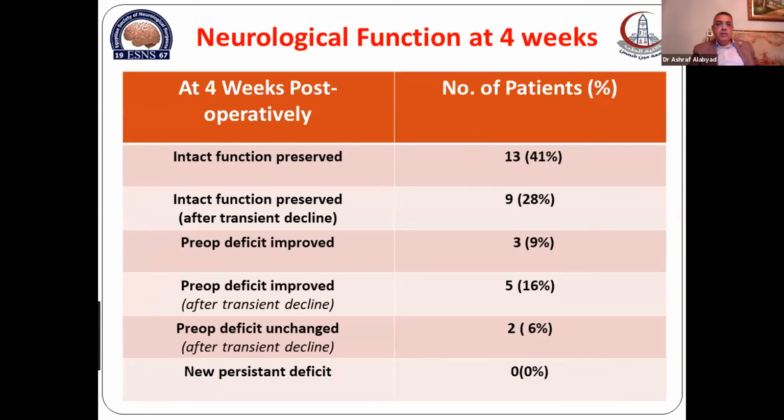However, after 1 month, the picture differed completely. Those patients who were intact preoperatively and had transient deficit regained their full neurological function after 1 month, while of the 10 patients who had preoperative deficit, at 1 month, 3 of them showed improvement in their preoperative deficit, 5 of them showed improvement after transient decline, while 2 of them regained their preoperative status after transient decline.